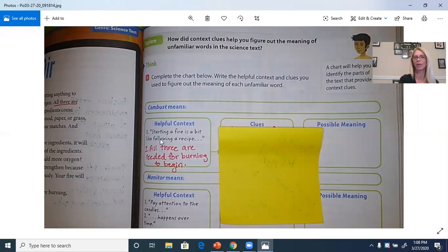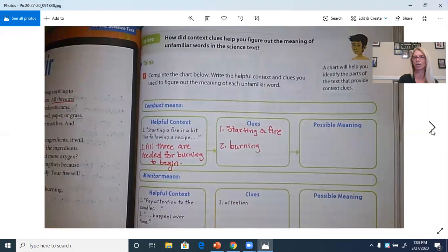What was a clue within that can help us find the meaning of the word? So we're going to look at clue 1, and then in the number 2, what was a helpful clue that could help us also find the possible meaning of the word. So we have in number 1, starting a fire, and in number 2, burning. So those were the 2 clues, and we pulled those right out of the helpful context.